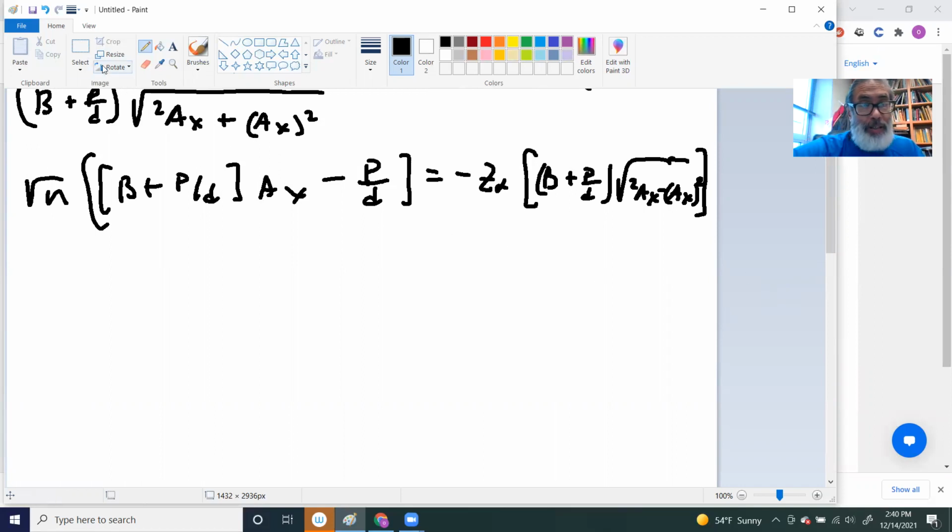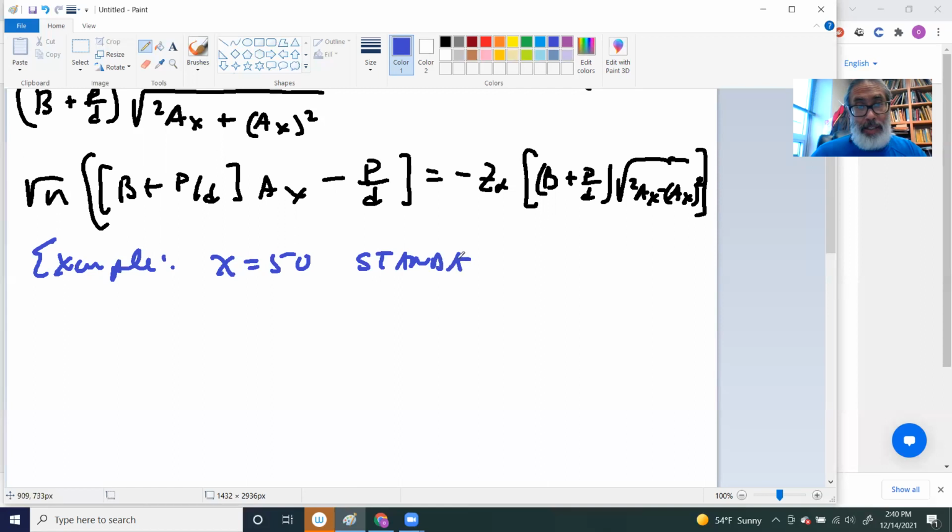Okay, so now let's go ahead and use an example. In the example I want to use, I believe I have the parameters here, and I did a lot of the work already. So let's say the life aged x is 50, standard ultimate. Interest rate is 5%.